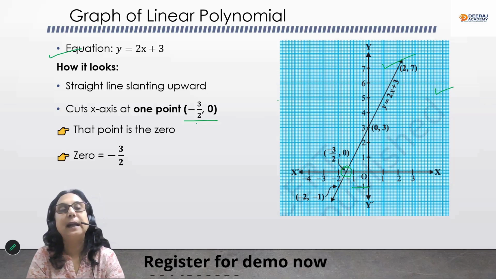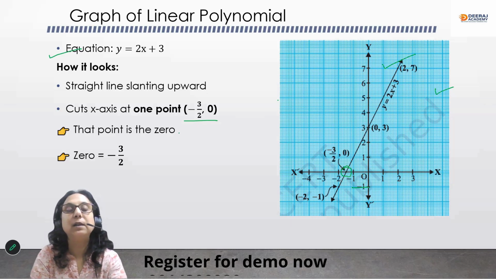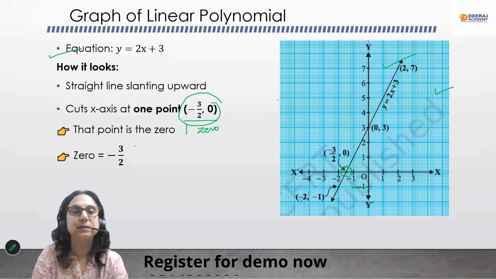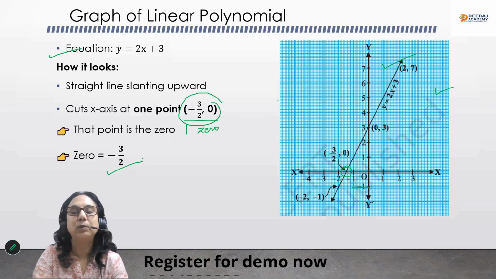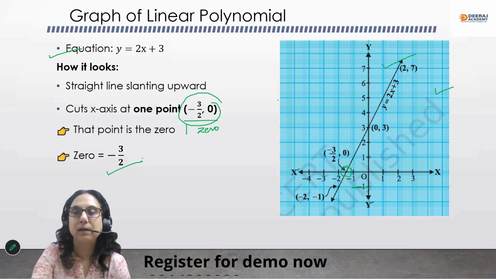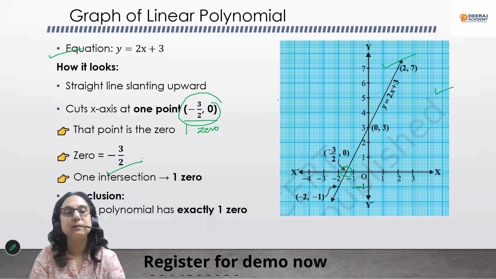And as it is a linear polynomial, it will have only 1 zero. The zero will be the x-coordinate of the point which cuts the x-axis. So the zero will be equal to -3/2. As it has one intersection, it has 1 zero only. So a linear polynomial has exactly 1 zero.